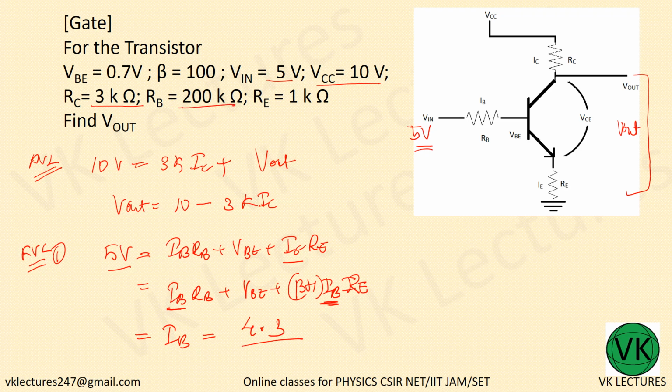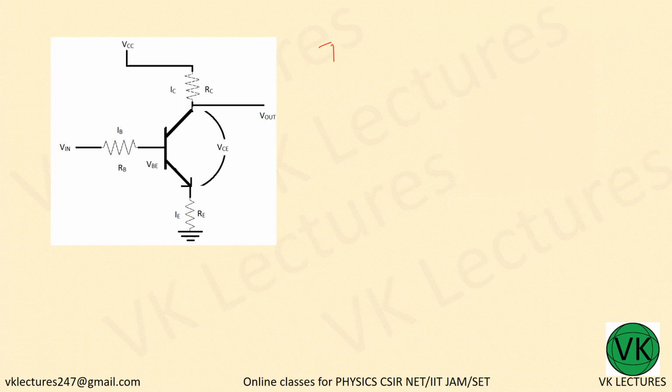RB value is given as 200K. 200K plus (beta plus 1), that is 101, into RE. What is the value of RE? 1K. So that is 101K. So 4.3 divided by 300K. So IB is equal to 4.3 divided by 300, with K, so milliampere.